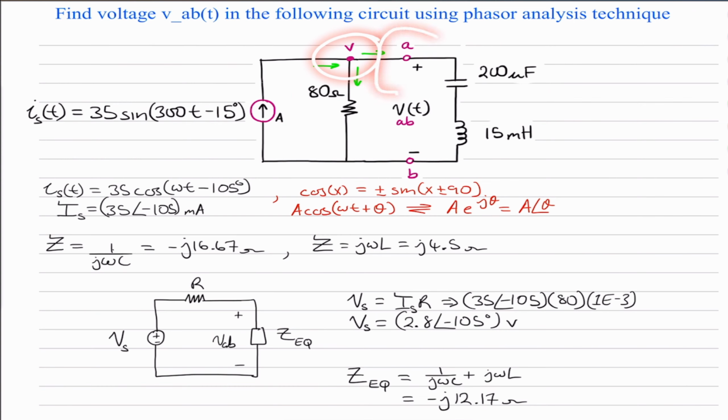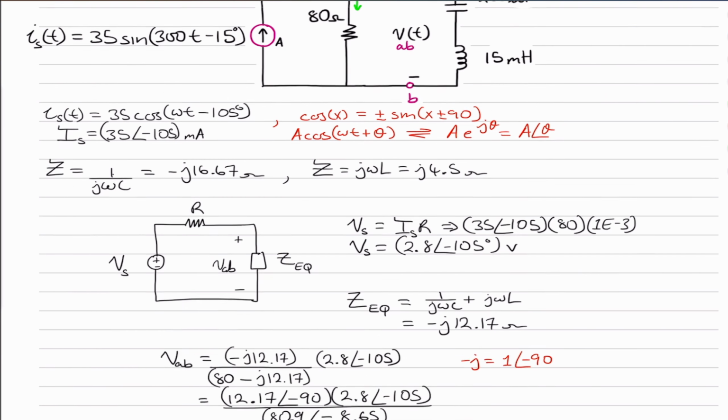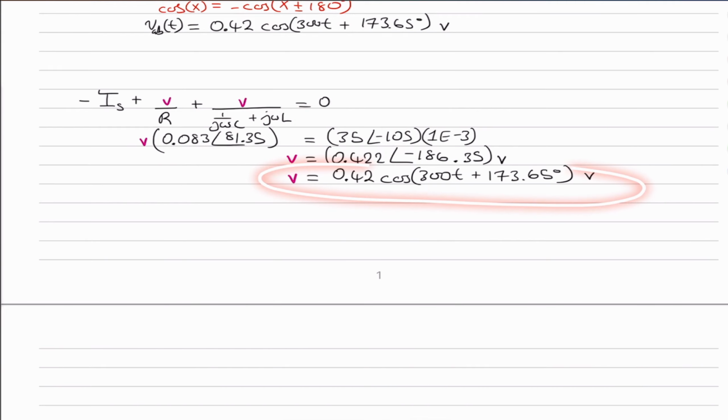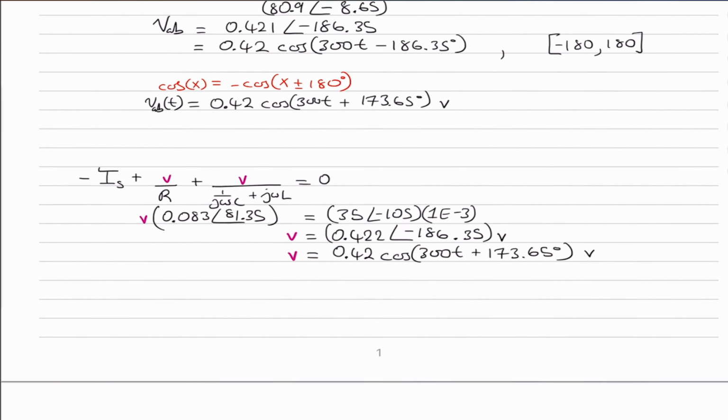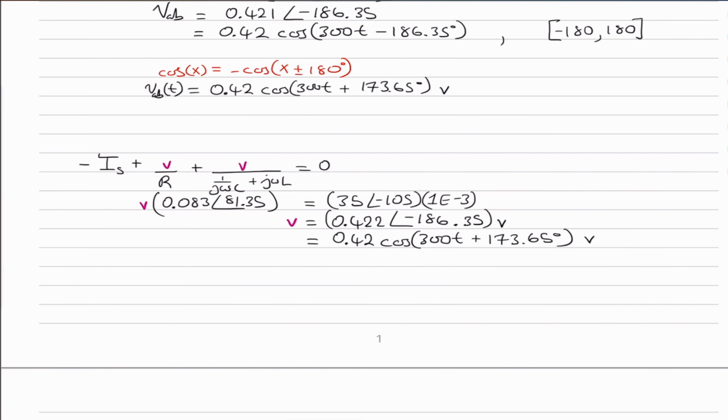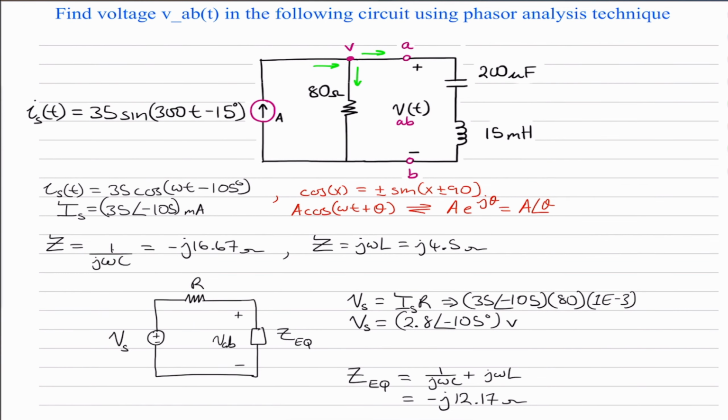So the voltage across the 200 microfarad plus the 15 millihenry is equal to the following. Because we're going from the phasor domain to the time domain, this should be written as VAB of t. And as always, we find the voltage across here, thus we know the voltage across these components.